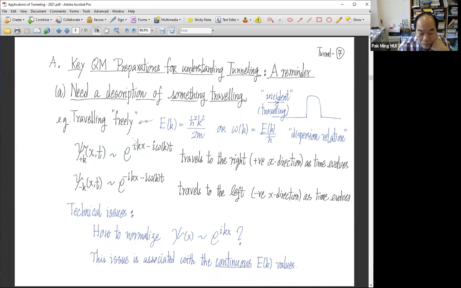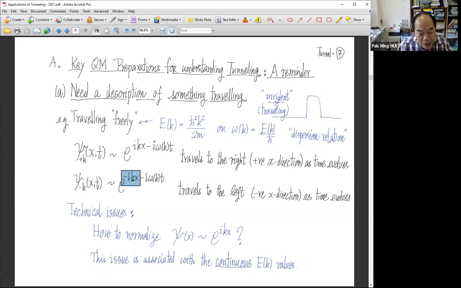And you know from this exponential, you have to work hard, you have to run with it as time proceeds, if you want to keep yourself at the top, okay? And then you are traveling together with the wave. So it is traveling to the right-hand side as time evolves. And if you have this minus ikx, then it's traveling to the left.